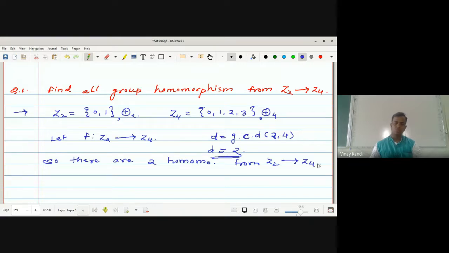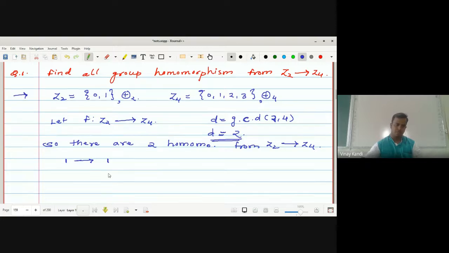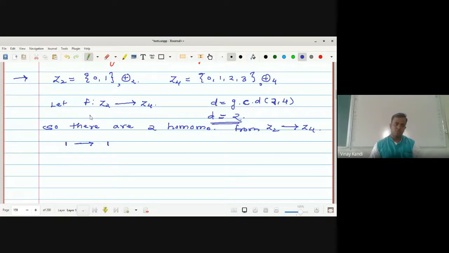Now which group homomorphisms are they? Which functions? Now we have to find that function. What is the nature of that function? Look here. First, the element 1 of Z2 maps to the element 1 of Z4, so f of 1 is equal to 1.